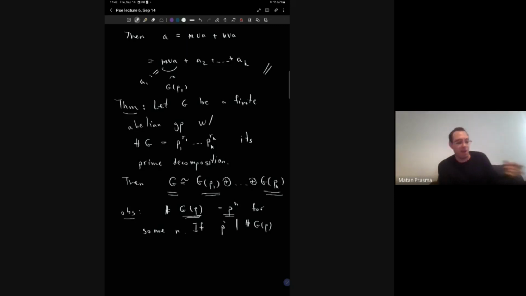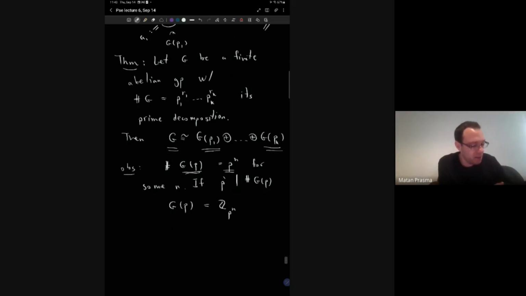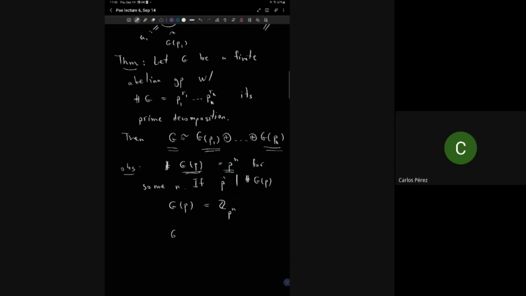Of course, it could be that G_p is the integers modulo p to the n, but that's not the only option. What other option could we have?